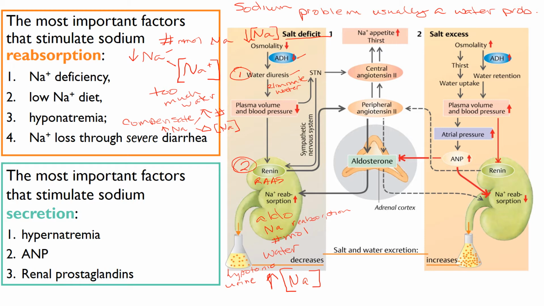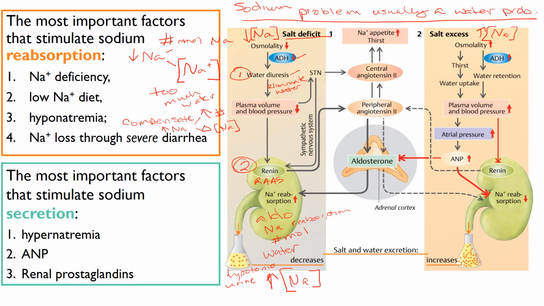Okay. Now go back to the most important factors that stimulate sodium secretion. So go back up. Our rule here is usually when we have a sodium problem, it's usually a water problem. So when we have a salt excess, or you could say an increase in serum sodium concentration, that's usually going to be affecting water.